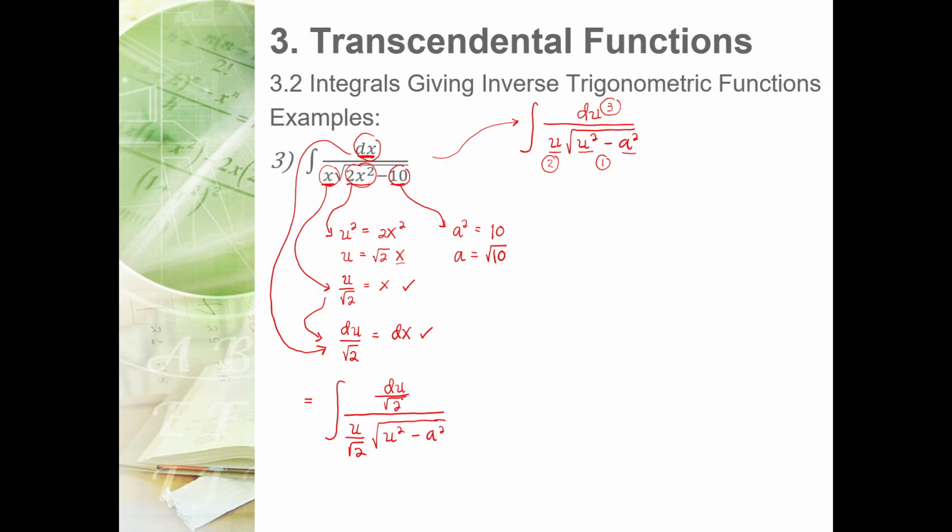So we can cancel out square root of 2, square root of 2. So what's left is the basic formula of du all over u times square root of u squared minus a squared.